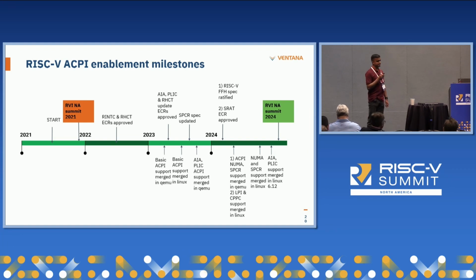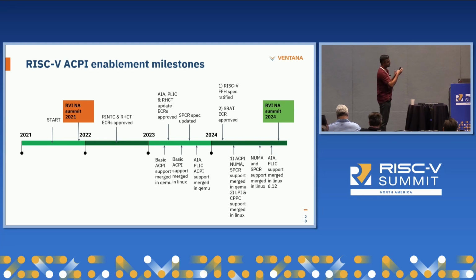While the ACPI main specification is maintained by the UEFI Forum, there are other required specifications which are maintained either by RVI or by other organizations like Microsoft. One of the dependencies before getting the ACPI specification updated was that the corresponding hardware specification from RVI had to be ratified.